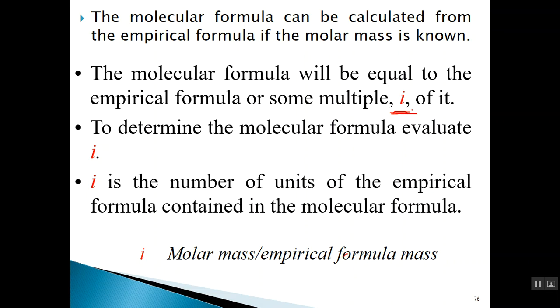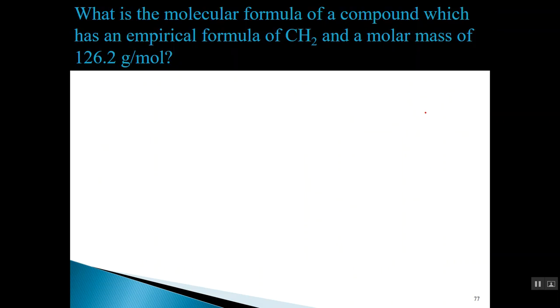And I think the next slide gives an example of this. So here you're given the empirical formula, right? CH2. And it gave you the molar mass, which is 126.2 grams per mole. And the question is asking for the molecular formula, right? So to find the empirical formula mass, we simply add up the molar masses of carbon, which is 12.01 grams per mole, and 2 times the molar mass of hydrogen, which is 1.008 grams per mole.